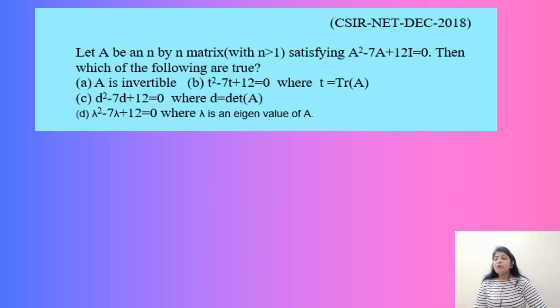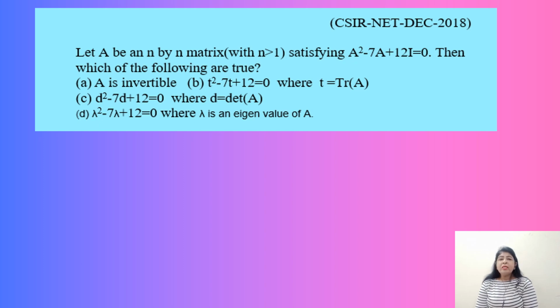So the first question was asked at CSIR NET in December 2018. Let A be an n by n matrix with n greater than 1 satisfying A square minus 7A plus 12I is equal to 0. Then which of the following are true? First, A is invertible.